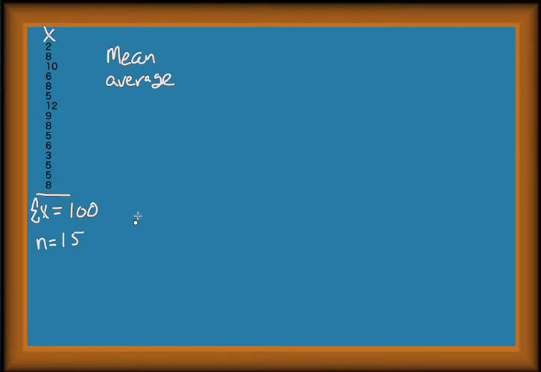So to find the mean then, we're just going to divide the sum of the data values by the size of the data set. So that's going to turn out to be 100 over 15, which will be 6 2/3 or 6.6 repeating.